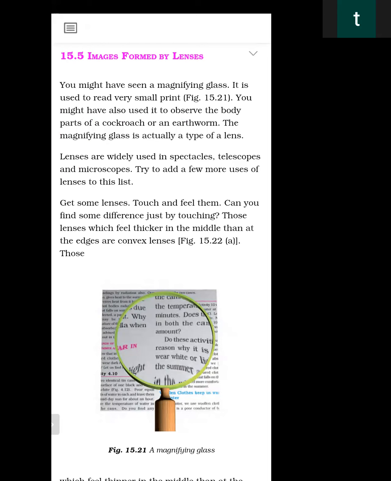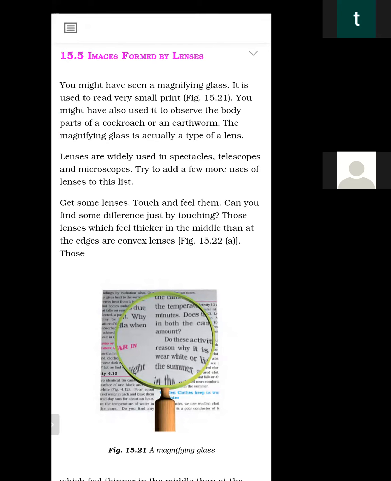Look at figure 15.21, a magnifying glass. While using this magnifying glass, or you can say a simple microscope, it magnifies the image, which increases the size of the image. That is the meaning of magnifying.